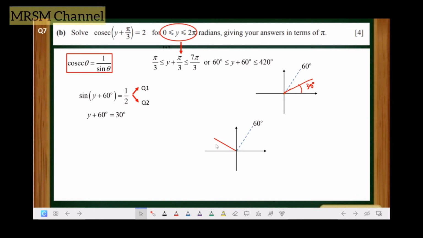Okay, but when we measure an angle we must start measuring from the positive x-axis. So if this is 30 degrees, the angle we want is this one, which is 150 degrees.